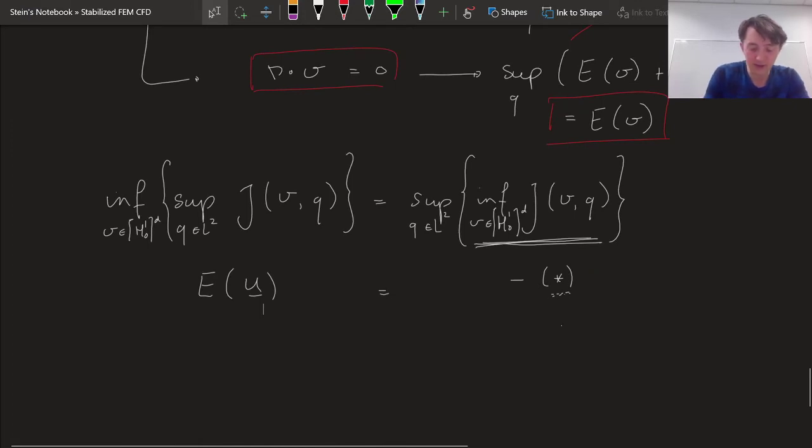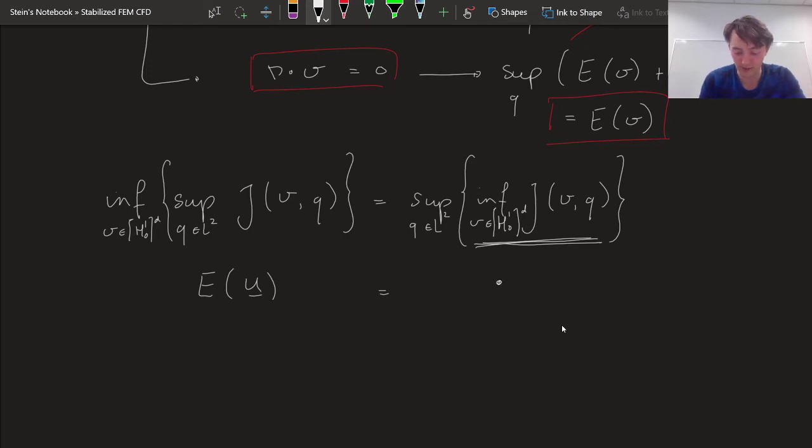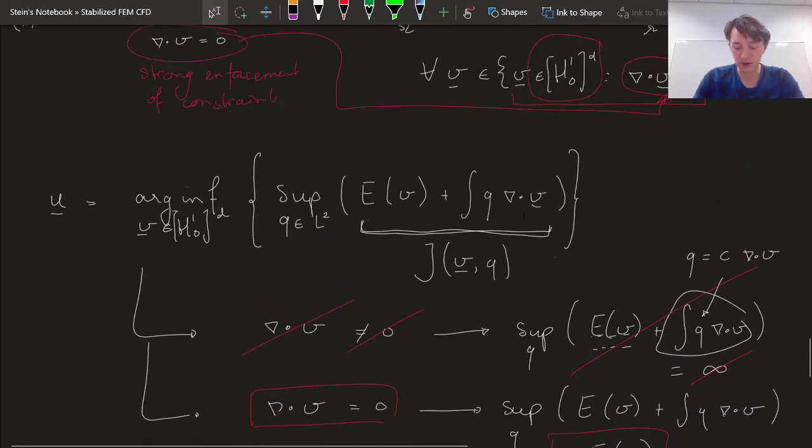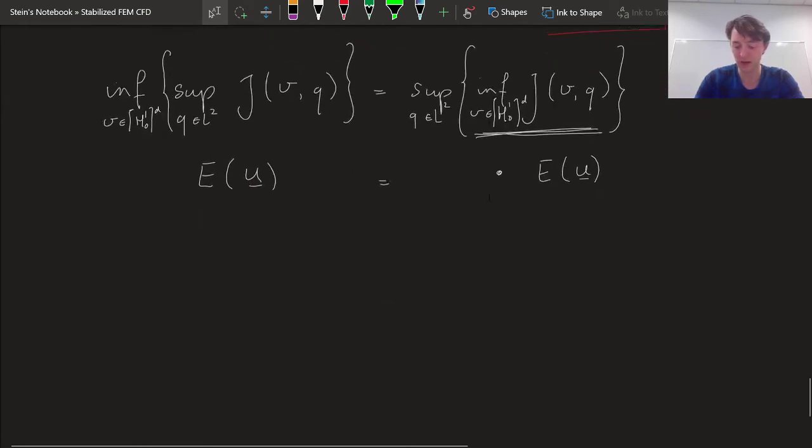On the right, for any q, this infimum is either giving me E of u. Because at that point I have a divergence-free solution, so this term drops out, so it becomes independent of q.